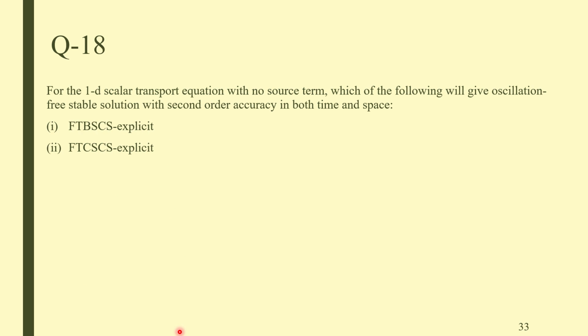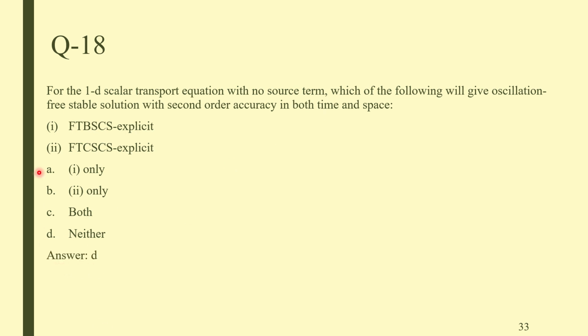They are second order accurate with respect to space here, but not with time. So 1 as well as 2 is false. We'll see the options. Option A 1 only, option B 2 only, option C both, option D neither. In the question it is asked which of the following will give oscillation free stable solution with second order accuracy in both time and space. So it is neither 1 nor 2. So answer is option D.